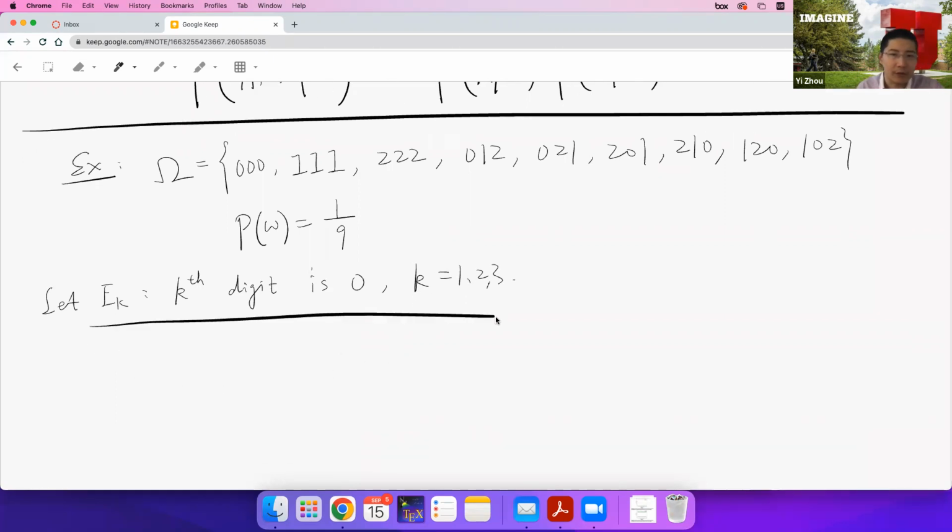Now, based on the definition, we can write down these 3 events specifically. E1 means that the first digit is 0. So looking at all these 9 terms, these are the outcomes where the first digit is 0. Similarly, E2 is that the second digit is 0, so we're looking at these 3 terms.